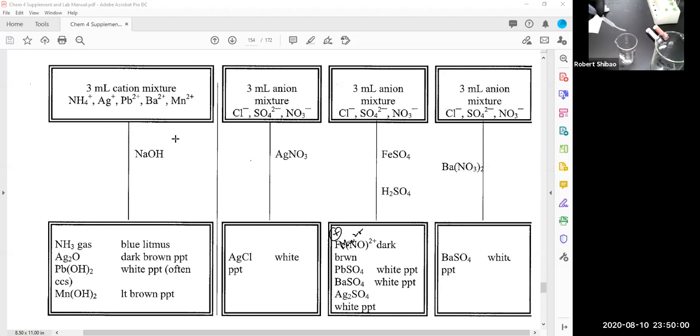Usually about 1 squeeze of the bulb is about 1 milliliter. So I'm just going to do 3 squeezes, and that should be about 3 milliliters of unknown solution. And so here's our unknown solution here. And so I'll do 1.